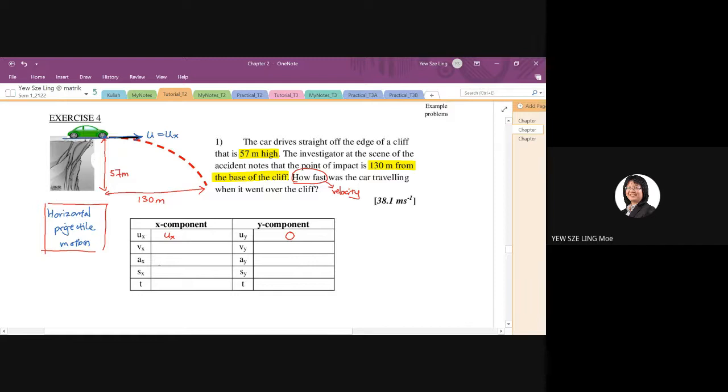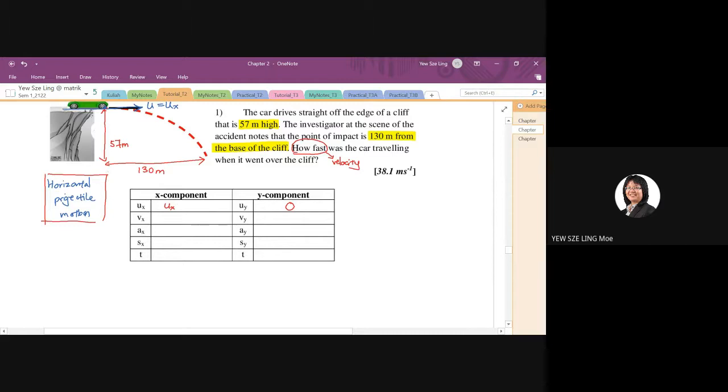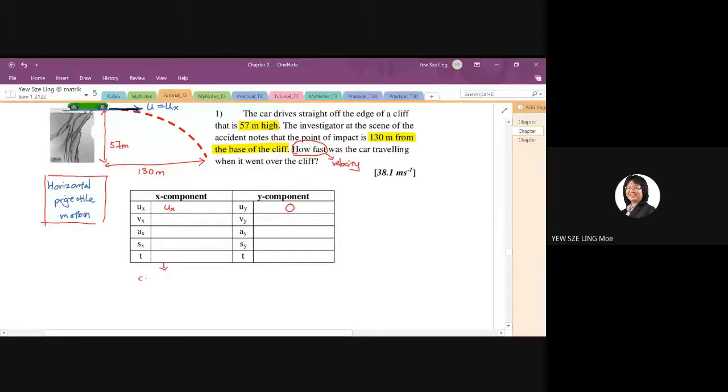Next, before we solve the questions, what else do we have? The thing that we can fill in already, without even looking at the questions, is the acceleration. If you still remember, in the lecture we mentioned for the x component, the assumption we made is that the object is always moving with constant velocity, because we assume there is no air resistance.